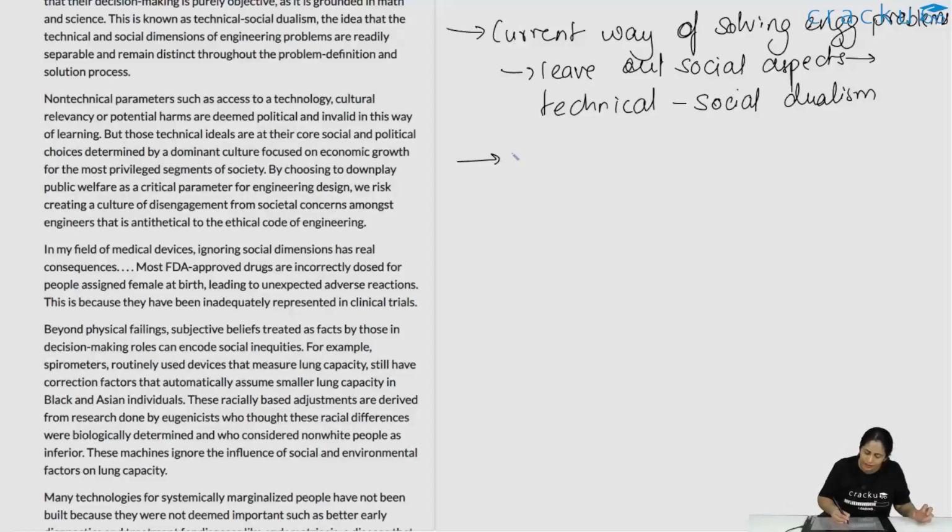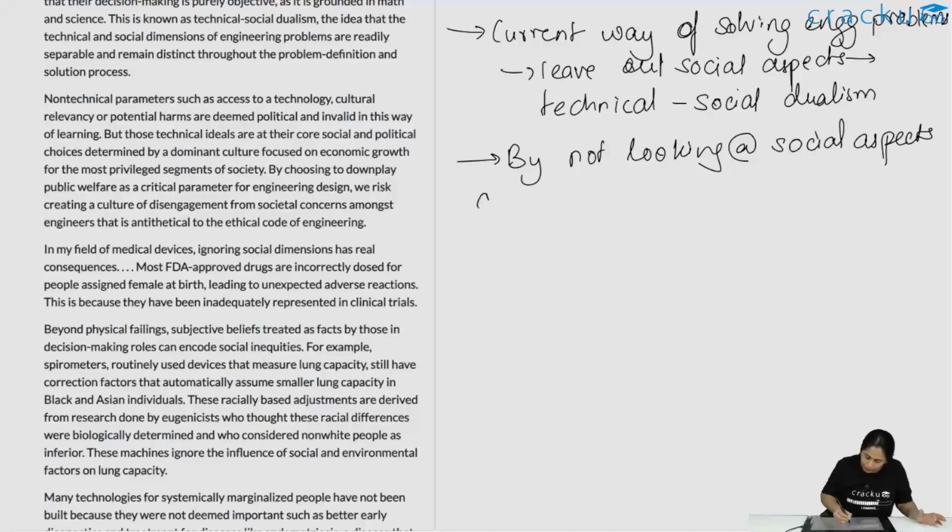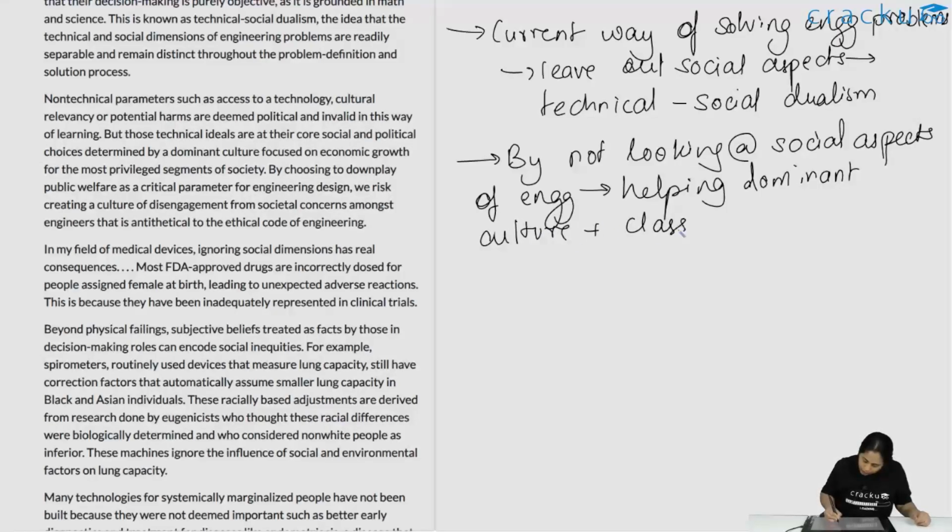So essentially the author is arguing that by not looking at social aspects of engineering, you are helping the dominant culture and dominant class, against the ethical code of engineering.